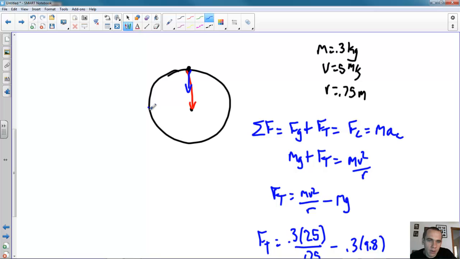Now, if we were to look at it right here at the side, it wouldn't matter at all because that force is at a right angle to this force and they would be independent of each other. This one's actually in the direction of the velocity. So the top and bottom of a circle are oftentimes where we're interested in finding tensions and forces in the vertical direction.